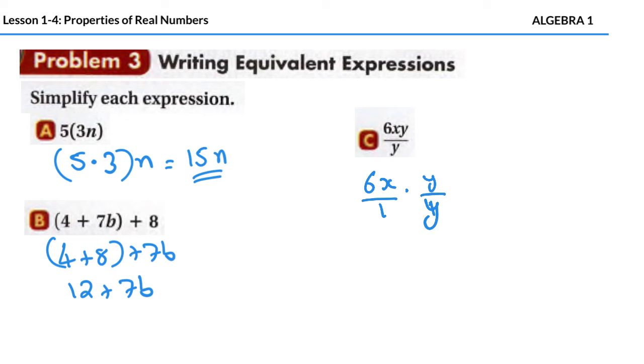I'm just rewriting the denominator, and over here y divided by y is 1, so we get 6x over 1 times 1, which is 6x. So which property am I using over here? Remember, a real number multiplied with 1 is always the same number. So which property? It's identity property of multiplication.